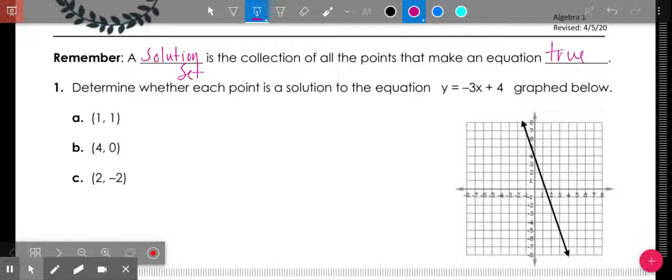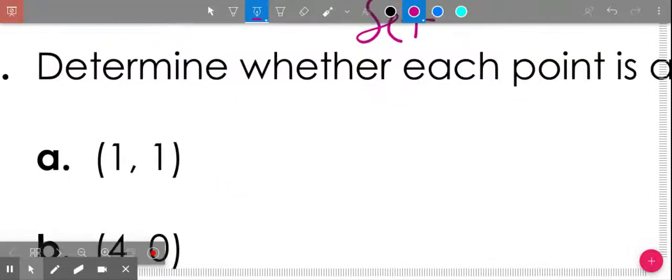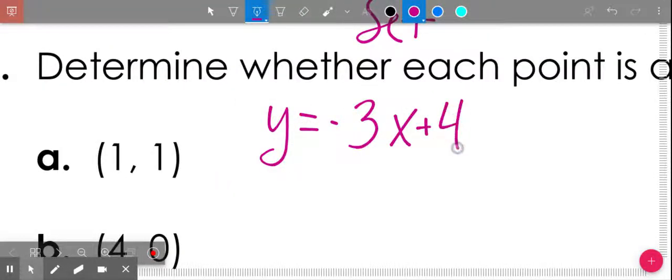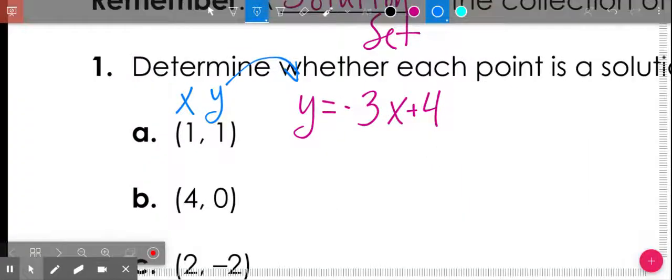The way that we're most comfortable finding the solution is, I'm going to rewrite that equation over here so I can see it. We need to remember that this is our x and our y, and we're going to substitute those in. So instead of a y, it becomes a 1 is equal to negative 3, and instead of an x, it becomes a 1 as well, plus 4.